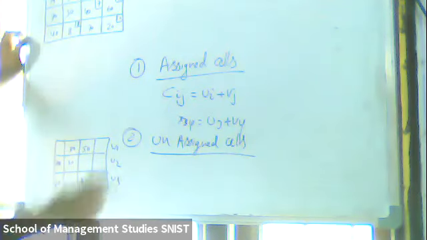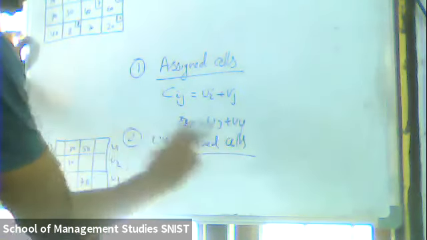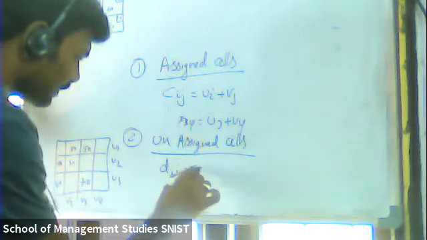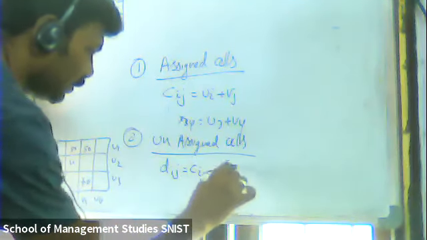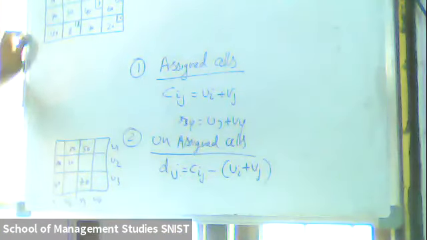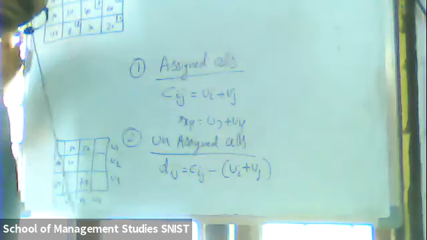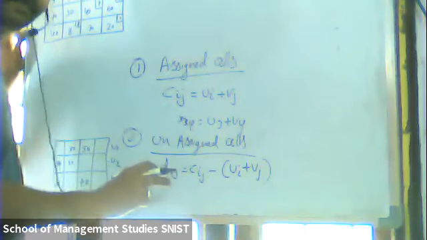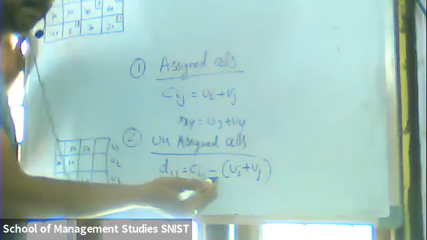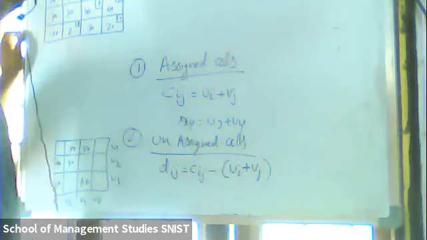To calculate the unassigned cells, Dij equals Cij minus (Ui plus Vj).